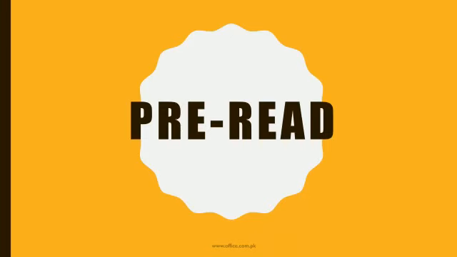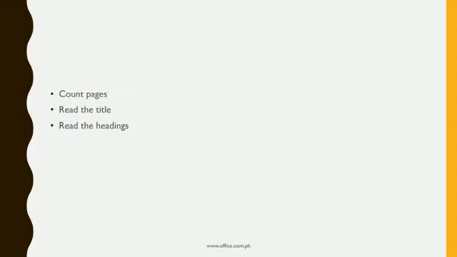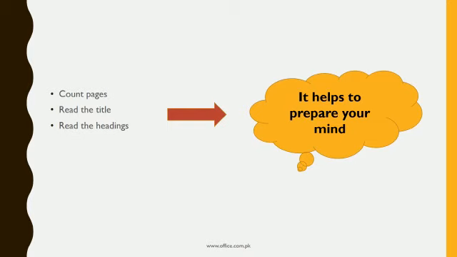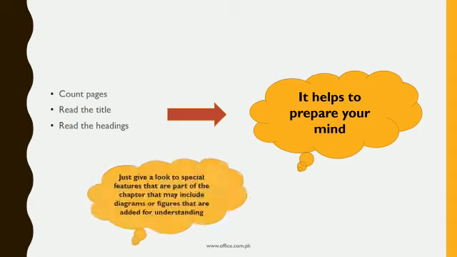Now the first step, that is the pre-reading. Dear students, pre-reading is very much important because it will help in preparing your brain for what is coming next. You read the title, you read the heading, so you'll have a rough idea of what is present inside that chapter.